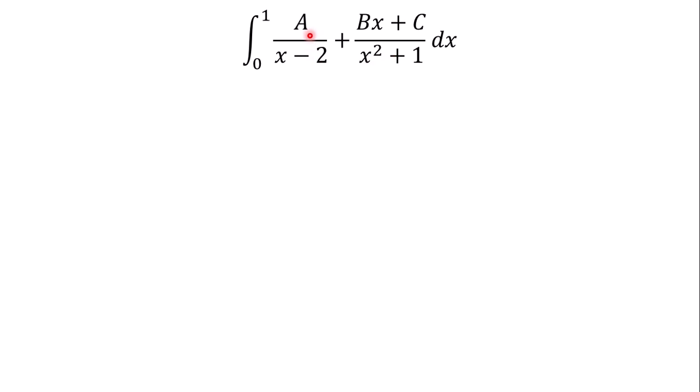Since this one is first, this one will go for a, and then the next letter is b, but because of this quadratic factor here, we've added x. So it has become bx plus c. That is how the quadratic factor approach is used in partial fractions.